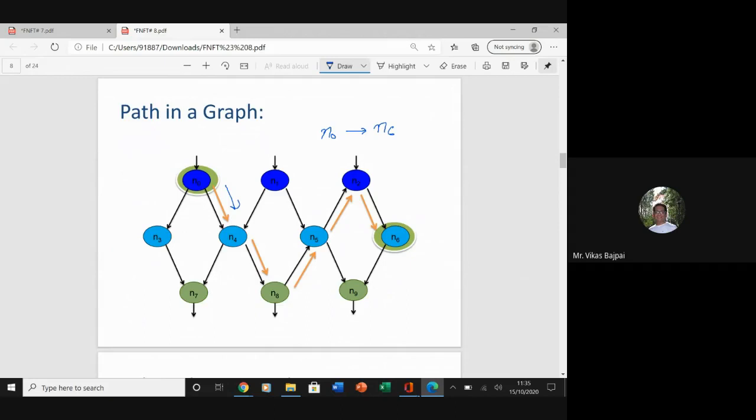We started from n0 and there exists a directed path to n6. That means I can reach a particular node from a predefined node, and that is called a path.